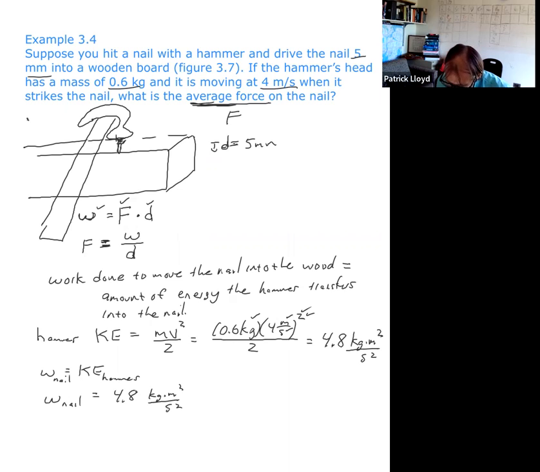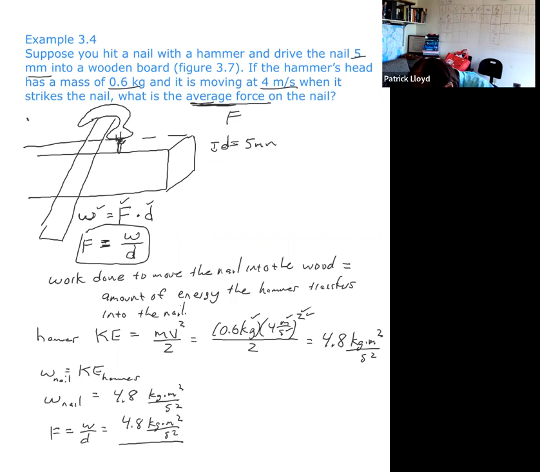Now we want to find the force on the nail. The force on the nail is the amount of work we did on the nail divided by how far it moved in. So the force would be W over D. That would be 4.8 kilogram meters squared per second squared divided by the depth. Now they put it in millimeters.